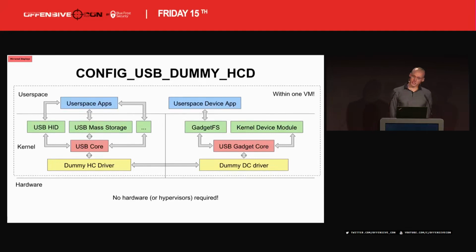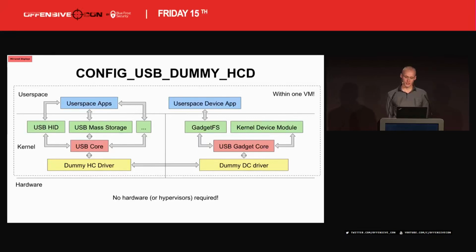Okay. So initially, I was looking at GadgetFS, and I was trying to fuzz stuff through GadgetFS. But the problem with GadgetFS is that, first of all, it has some sanity checks on the descriptors that you pass. Ideally, we would want to pass as much corrupted stuff as possible, right?